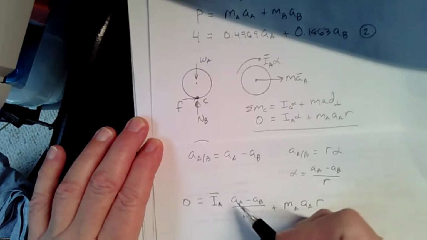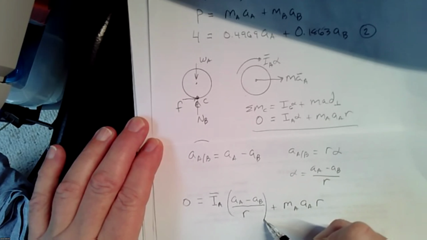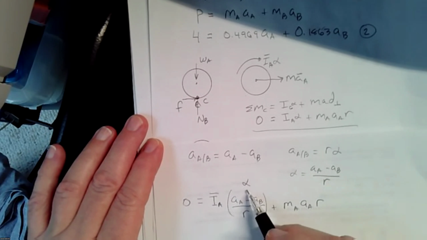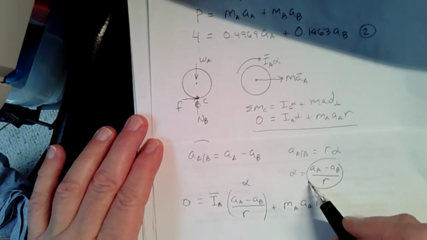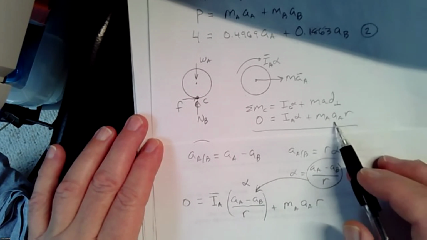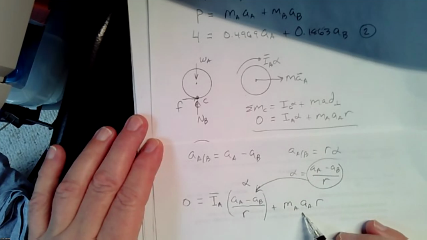Think of it as this was formerly alpha, right? So alpha is this. We've just substituted that into there. And then, of course, this is my MAR. So nothing's changed.